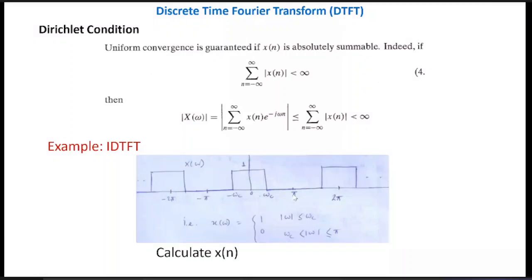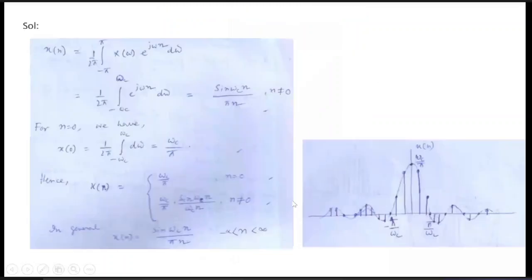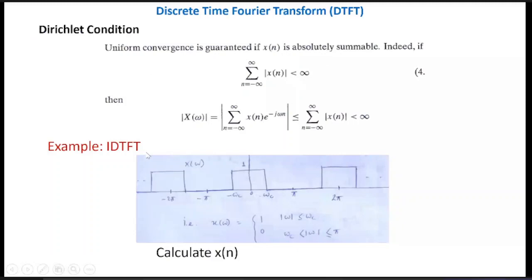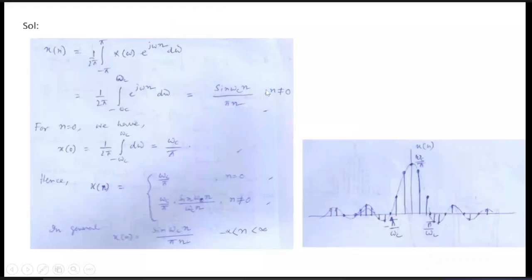Now, how to find the inverse discrete time Fourier transform? You just apply the formula for the inverse discrete time Fourier transform. You know that this is a rectangular function. So what is the inverse Fourier transform of a rectangular function? Do you have any idea? Sir, sinc function. Okay, so we get a sinc function there, as followed according to the example.